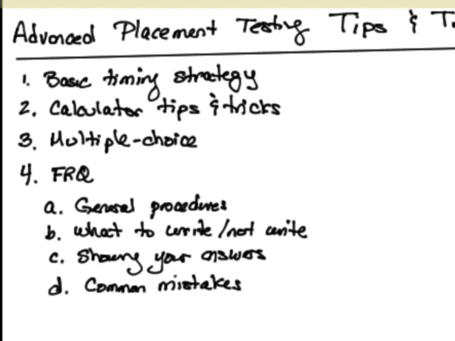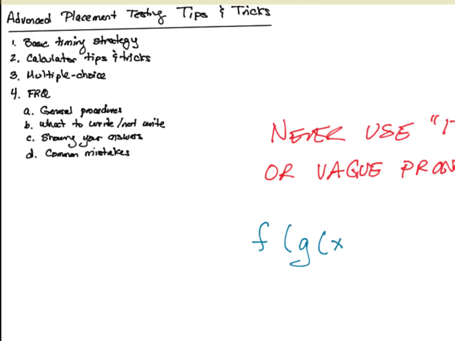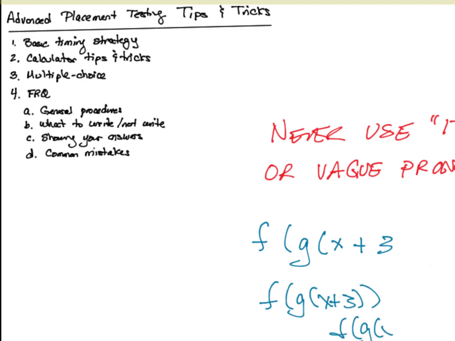So if you say f of g of x plus 3, I don't know if you mean f of g of x, plus 3, or f of g of x plus 3. And in pre-calculus, I'm not sure how they're going to grade that.